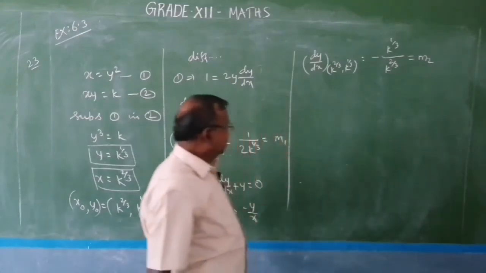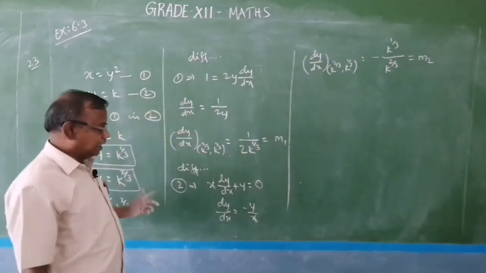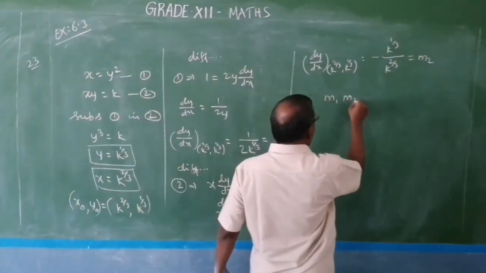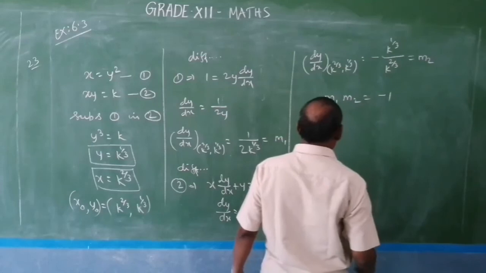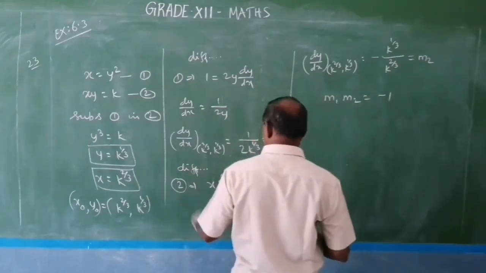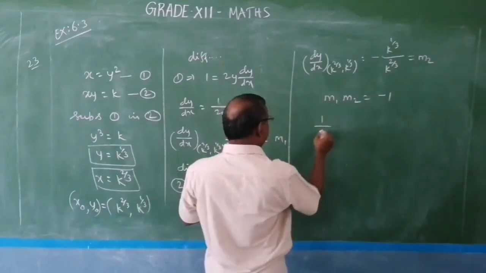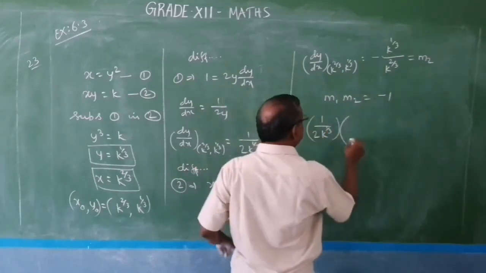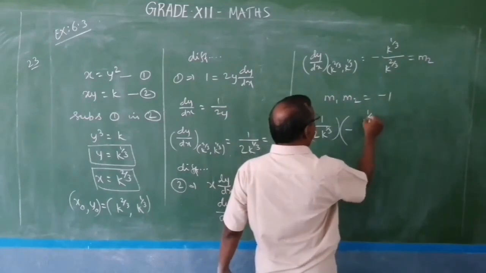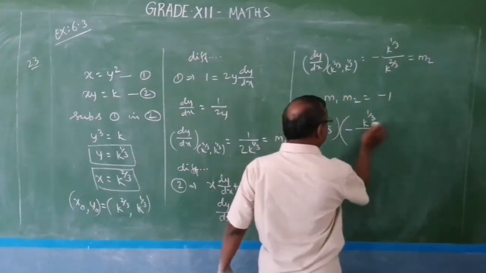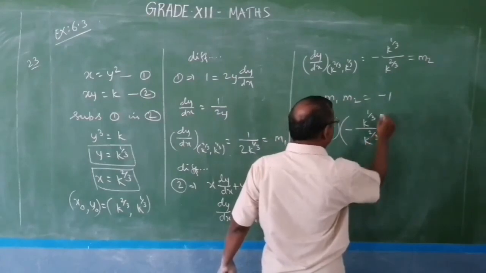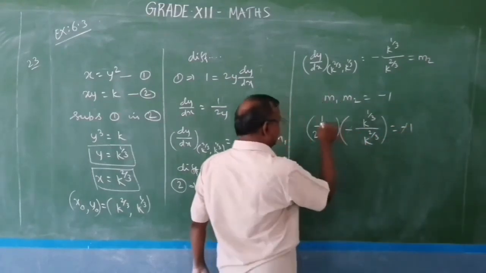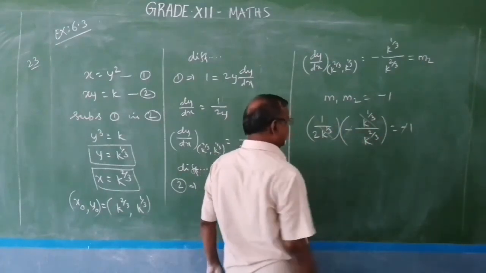Since these two curves intersect at right angles, the product of their slopes m1 into m2 equal to minus 1, that is 1 by 2k^(1/3) into minus k^(1/3) divided by k^(2/3) equal to minus 1. Removing minus on both sides, we can also eliminate k^(1/3) in the numerator and denominator.